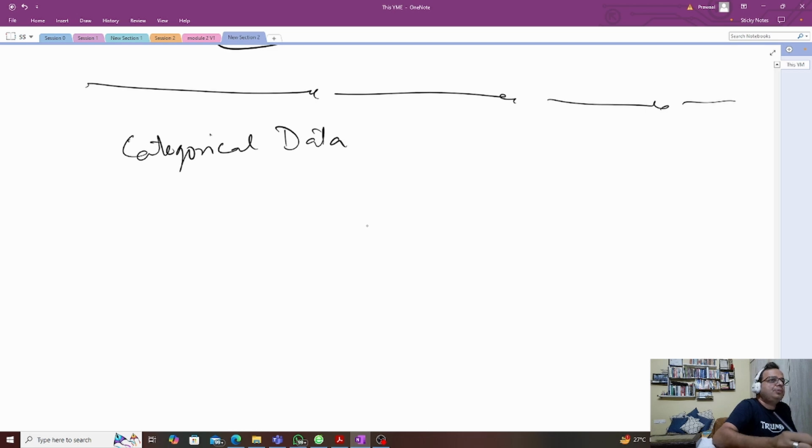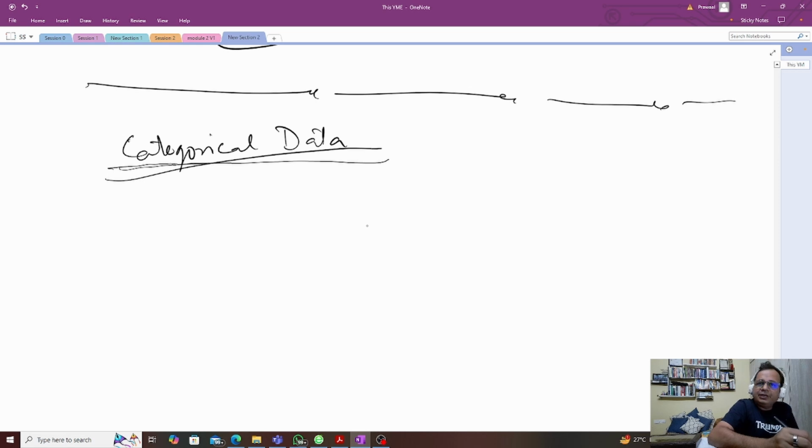So we are talking about exploratory data analysis, and within it, the collection part. We spoke about structured, unstructured, semi-structured data, and cross-sectional and longitudinal data. And data can be numerical, it can be categorical, or it can be textual, or other formats.